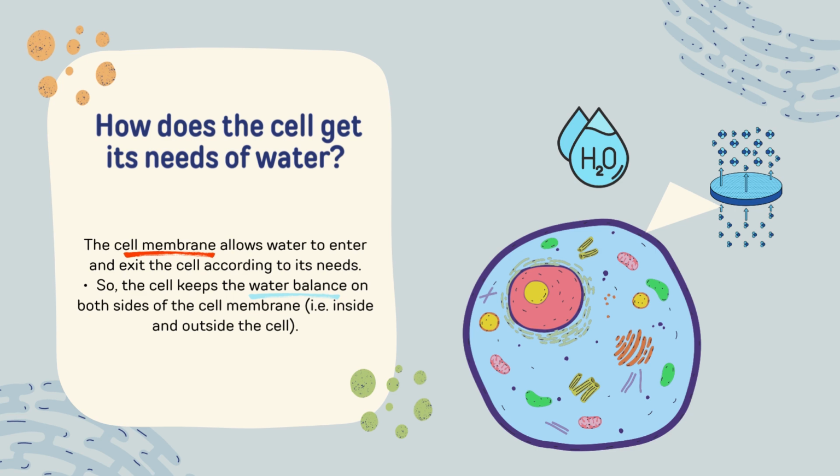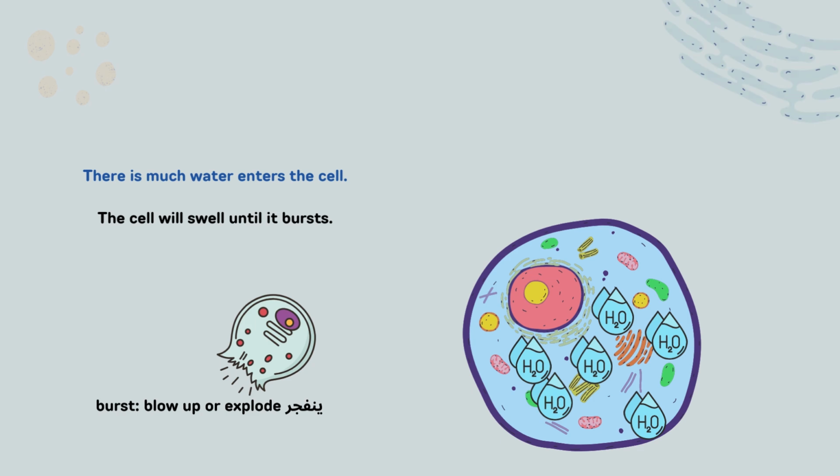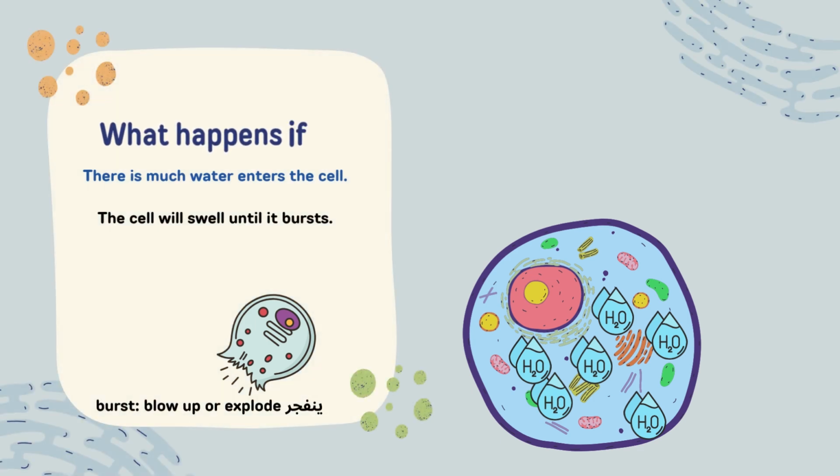And why does this happen? Imagine that the cell has more water than it needs. What will happen in this case? As you see here in this picture, if much water enters, the cell will swell and fill with water until it bursts.